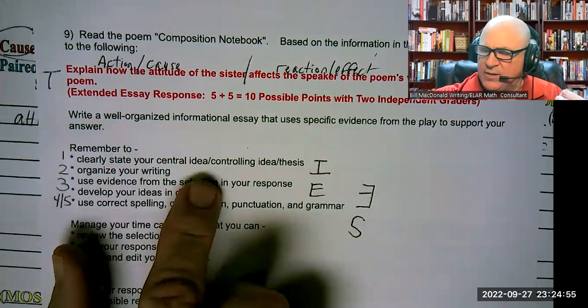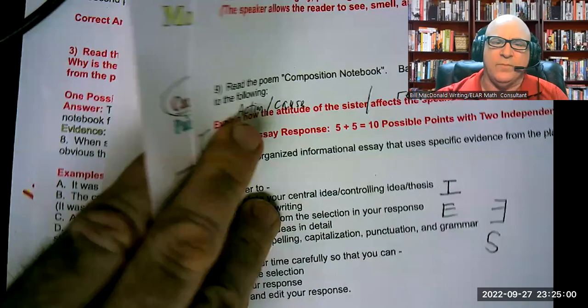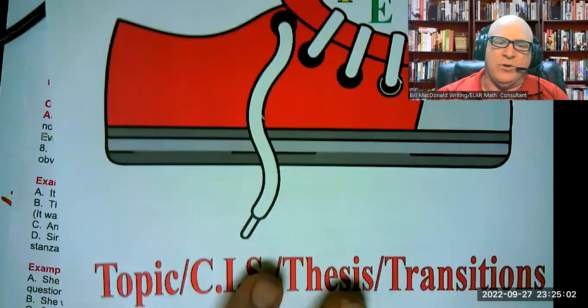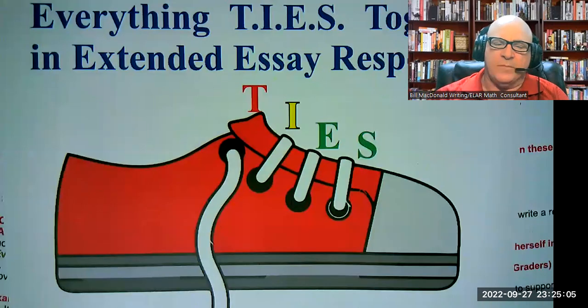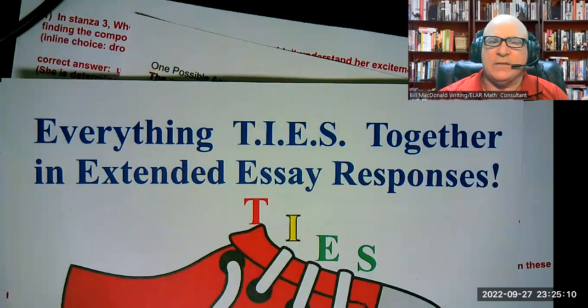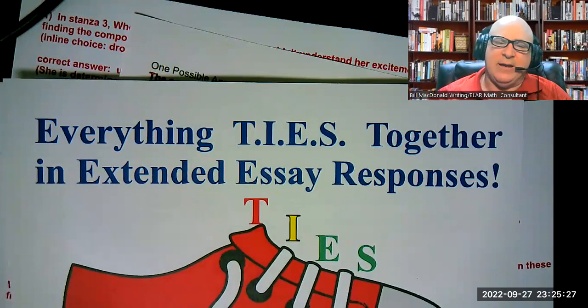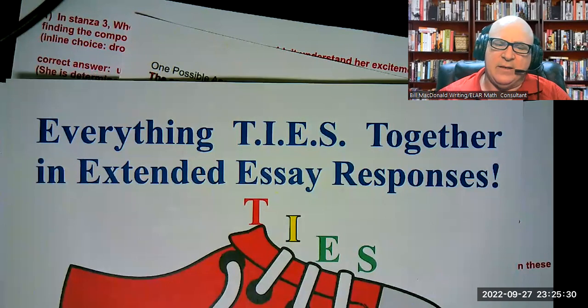And so if you saw the shoe that I sent you in my last video, it showed you that based on how the rough draft extended essay rubric looks and the way that the old expository informative rubric looked, that was a 4 in front of the scoring guides, the 4 samples of 4s. I noticed that everything in an essay ties together, okay?